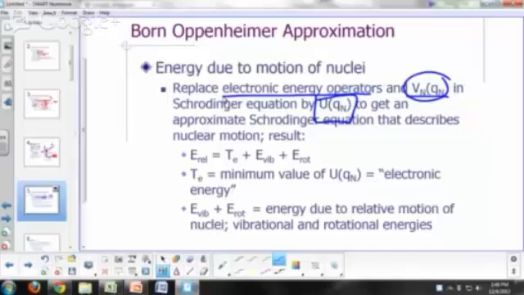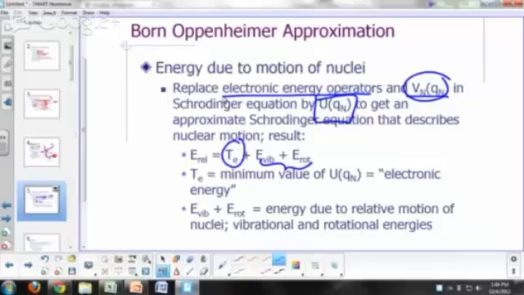So the net effect is that the nuclei will be experiencing different potential energies as they move through that field. The total energy then just becomes whatever the electronic energy is, plus the motion of the nuclei, which is affected by the electrons.